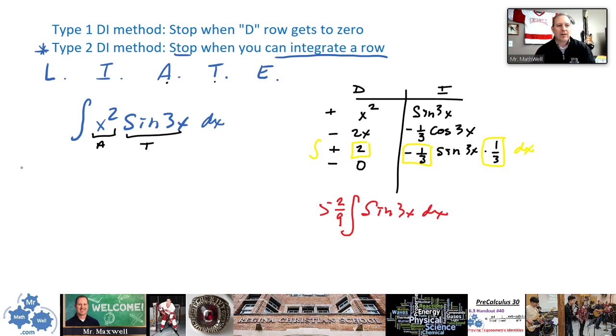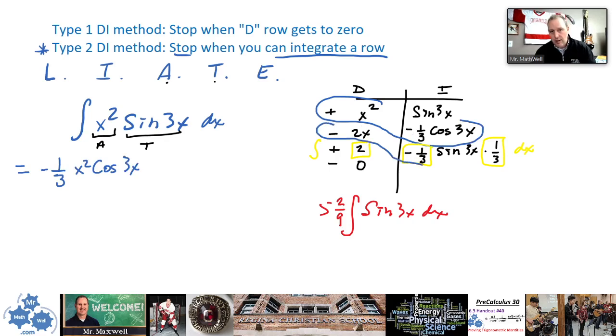So what have we got so far? All right, let's jot this stuff down here. So I've got negative 1/3 x squared cos of 3x. Okay, and then I'm going to do this as well. I have to use this diagonal.